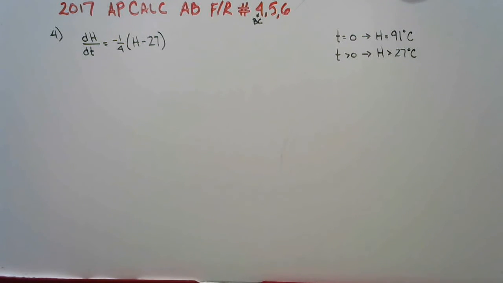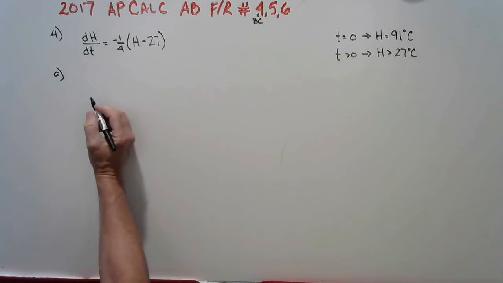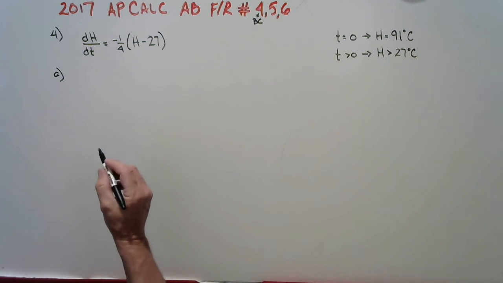Okay? Now part A says, write the equation of the tangent line. So what do we know the equation of the tangent line is going to be? Well, we have a formula for it.